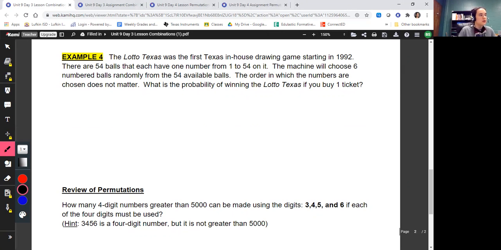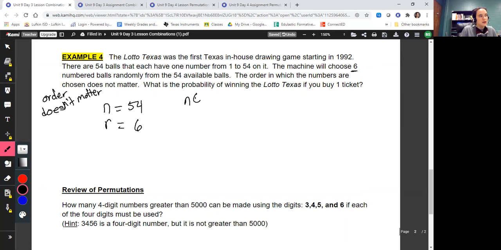So again, order doesn't matter. So that means that we are using a combination. Our total number of balls is 54, and we are choosing 6 of them.